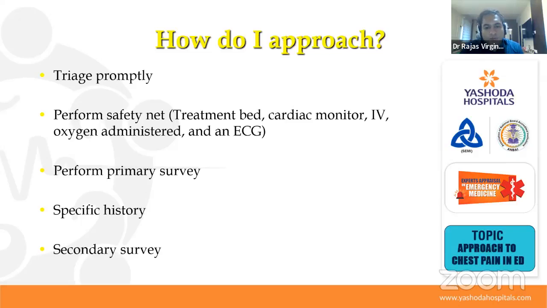Your approach will always be the ACLS way to assess a patient, which is ABCDE: airway, breathing, circulation, disability, exposure. So always follow your ABCDs whenever you see a patient, and then go on to perform a secondary survey.